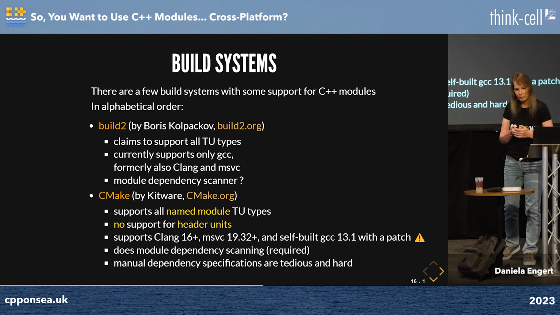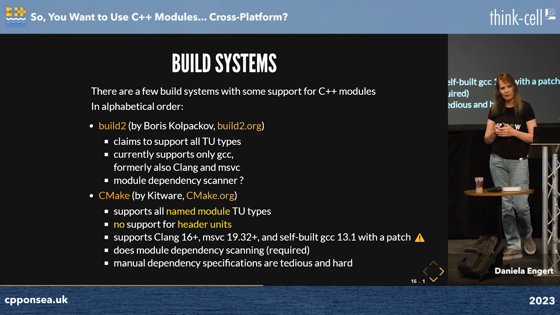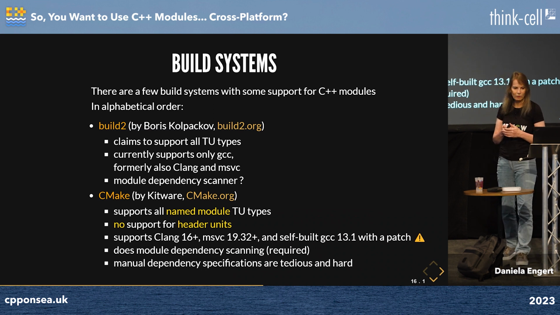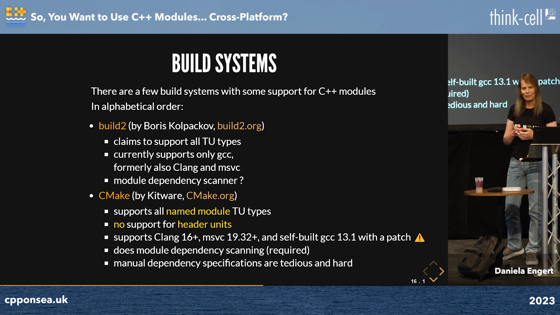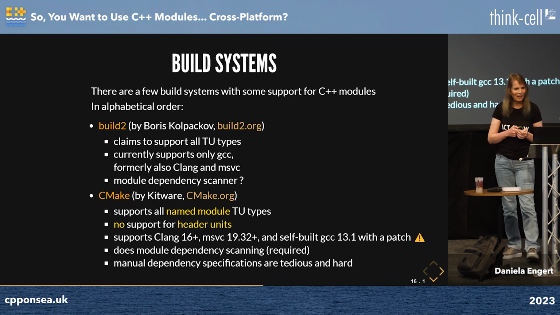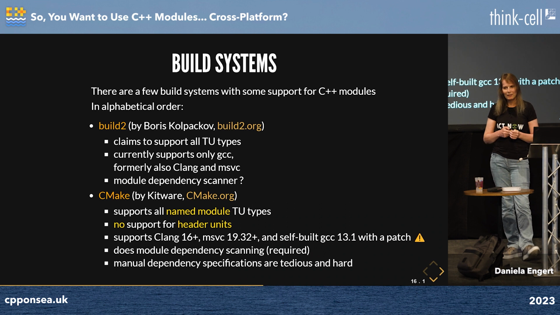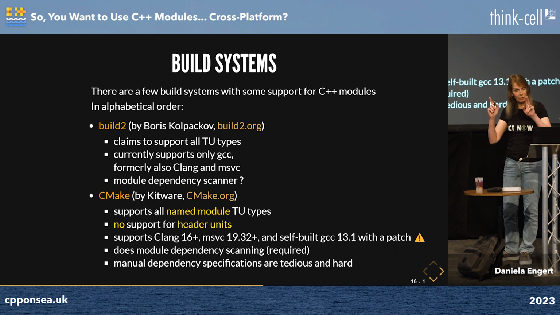It technically supports clang, MSVC, and GCC if you like to compile your GCC with a patch supplied by Kitware yourself, then it would support GCC as well. Did I mention GCC? Oh, okay. And it not only supports, but actually requires module dependency scanning. Don't despair, this is a good thing.